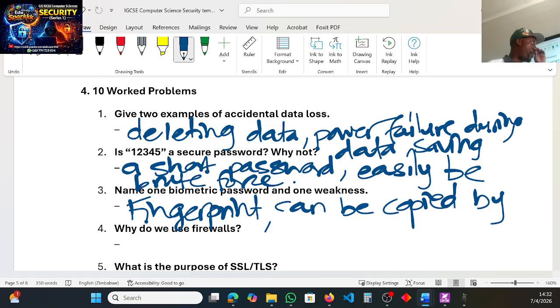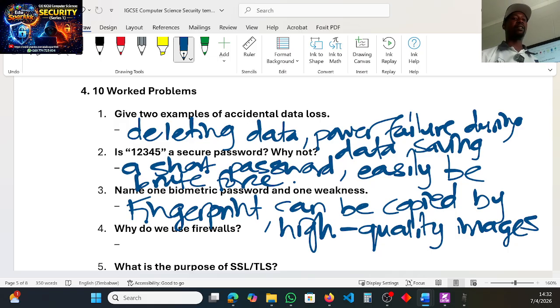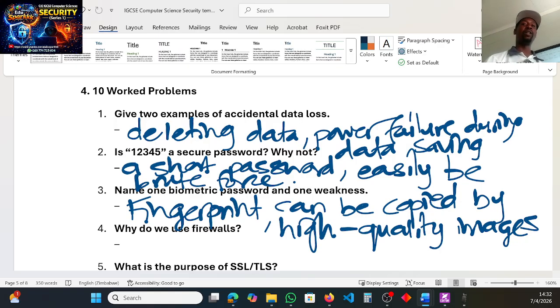So this can be copied by high quality images. You put your fingerprint, and one can come with their high power cameras or devices, and they can read through and regenerate this fingerprint.